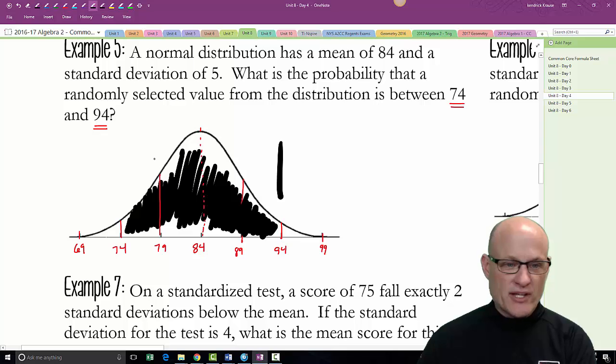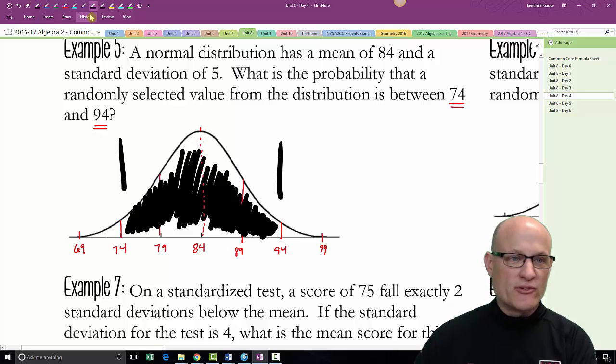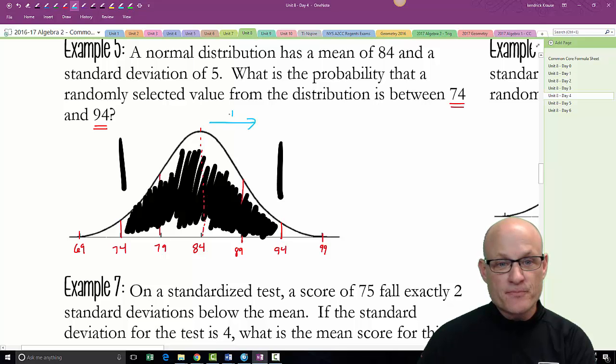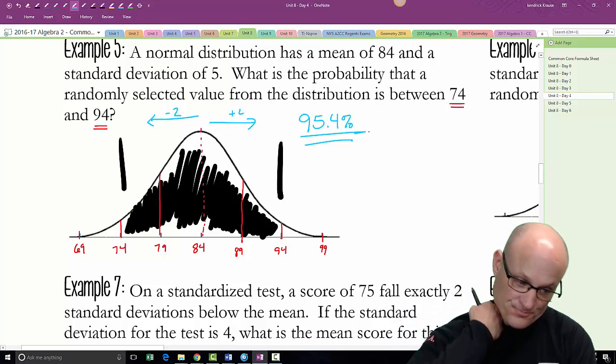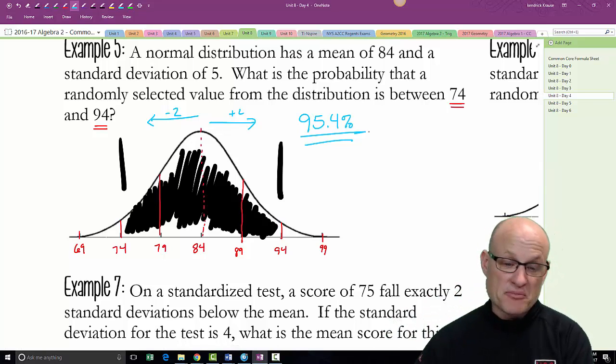Well, that's up two standard deviations and down two standard deviations. And we talked already before, if we go up 2 and down 2, in between those two is 95.4% of the values, okay? That's a pretty simple one.